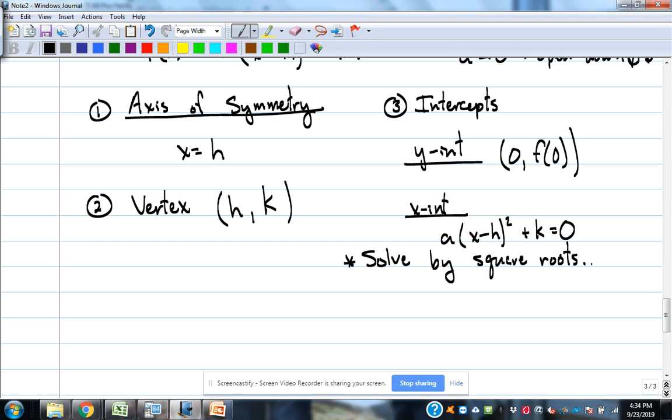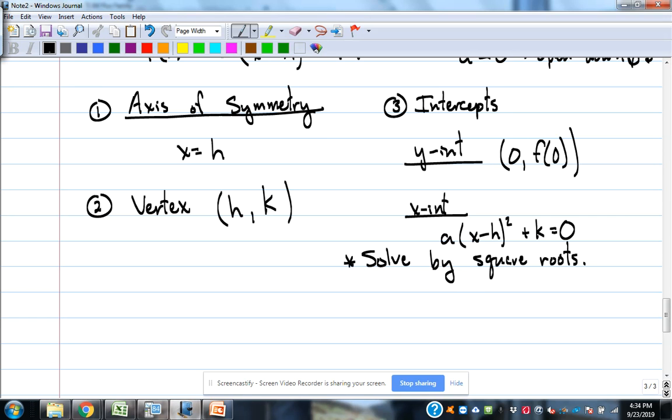That's the easiest method, in my opinion, to solve ones that are already in vertex form. Your other option would be to multiply this out and get it back to standard form, and then either do factoring or quadratic formula. And that's just a lot of extra work when you could just solve this by square roots. We'll go through an example and show you how to solve by square roots. And it makes it a little bit easier there.